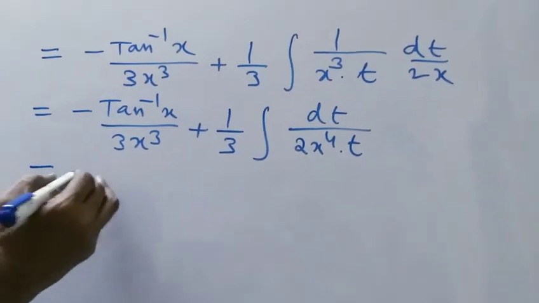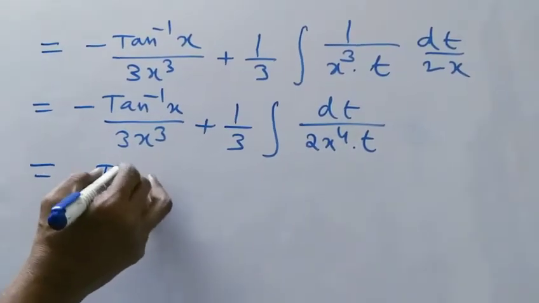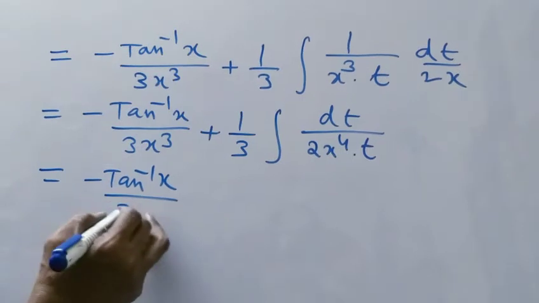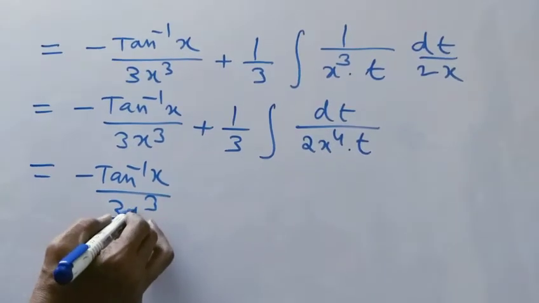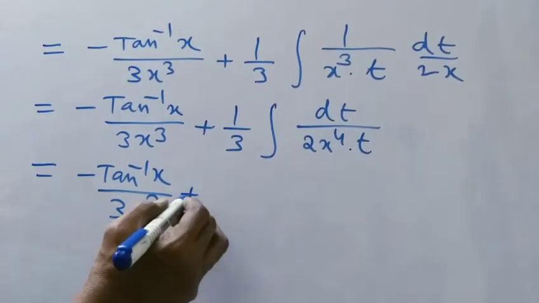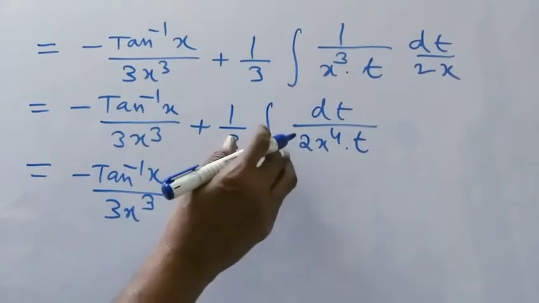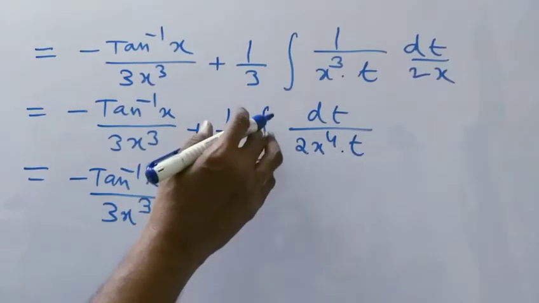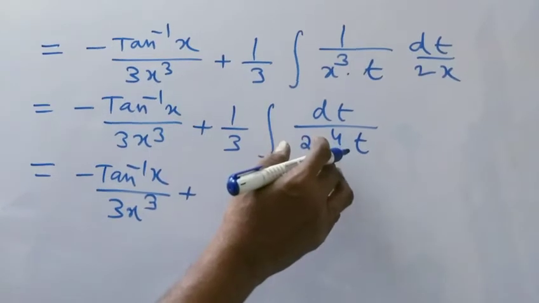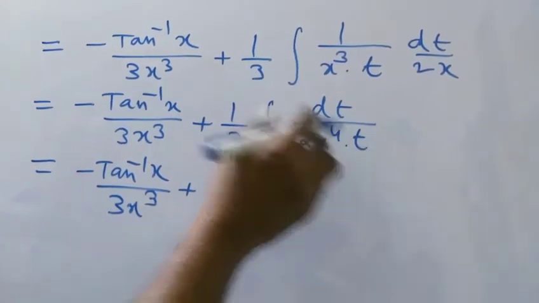This is equal to minus tan inverse x by 3x cube plus 1 by 3 into 1 by 3 by dt by 2 into x to the power of 4 into t.